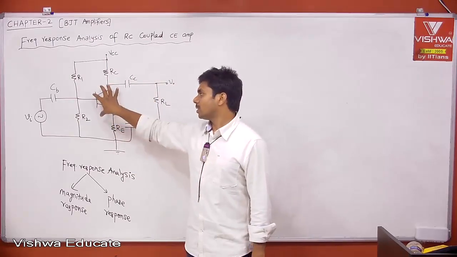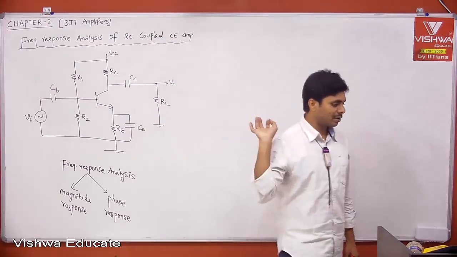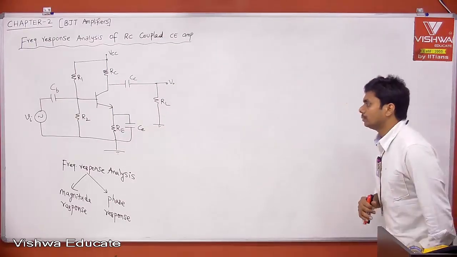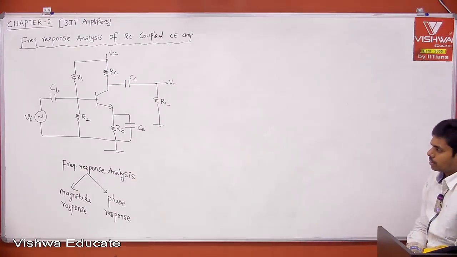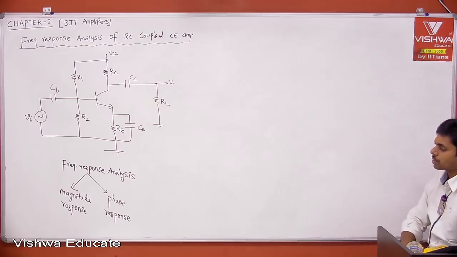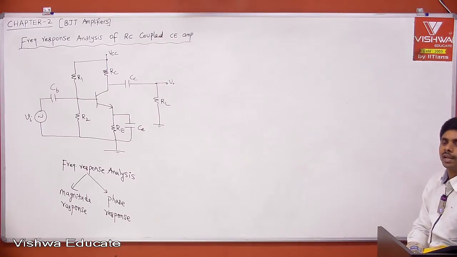Quantitatively we need to replace the BJT with the hybrid pi model, then we need to get it, right? That part I'll explain. First of all draw, then maybe within 15 minutes I'll try to complete the expected magnitude response and frequency response for any system, then see whether our RC coupled CE amplifier is following that expected region or not. Okay, let's see.